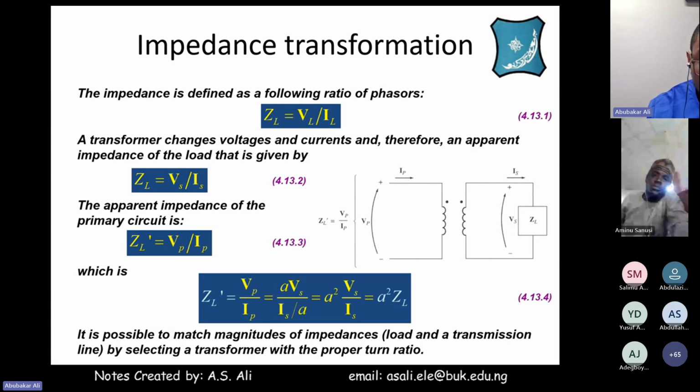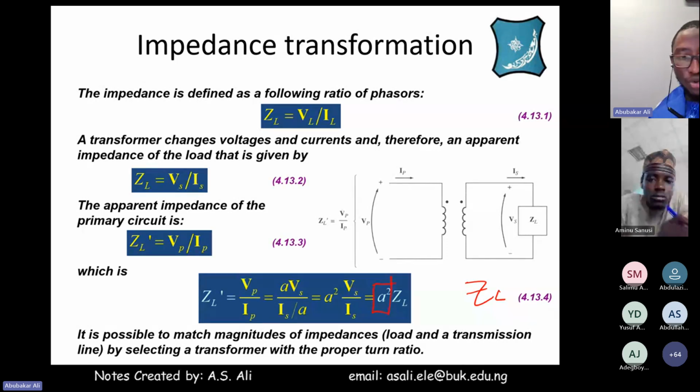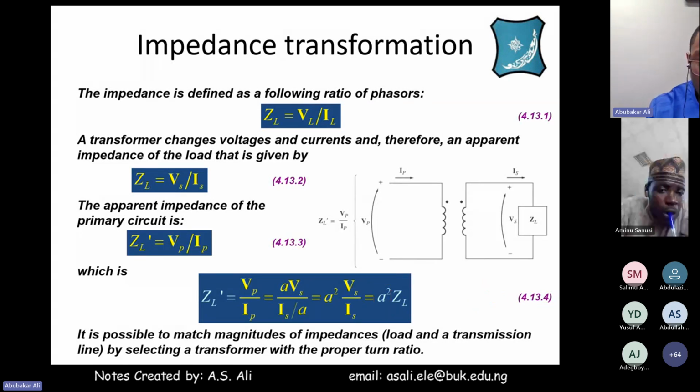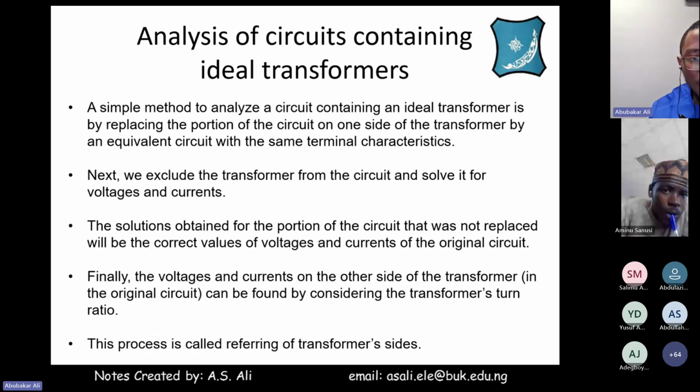If you do the mathematics, you can easily tell that if you know the load on the secondary side and you know the turn ratio A, you can tell what the impedance will be at the input or primary side. And this is called impedance matching. We want to match the impedance in the primary with the impedance in the secondary. And with this, we have come to the end of the properties of a transformer.